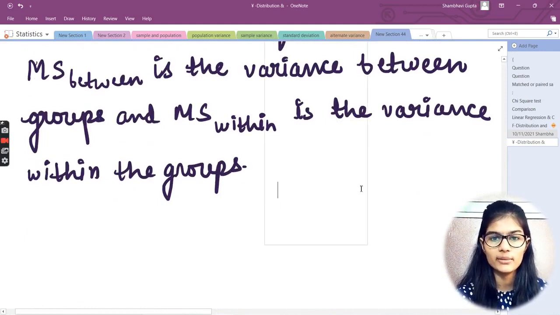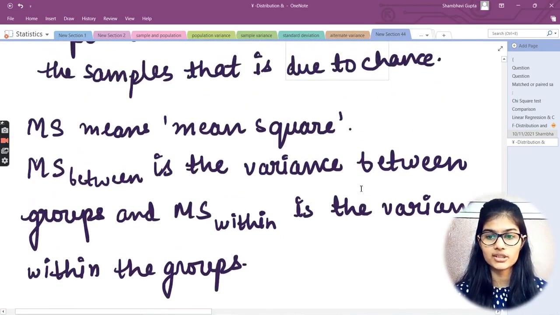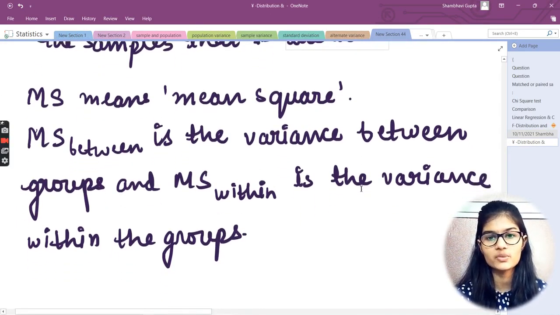What is the meaning of MS right here? MS means the mean square. MS between is the variance between groups, and MS within is the variance within the groups, right?